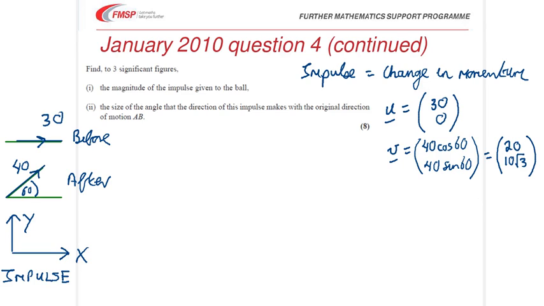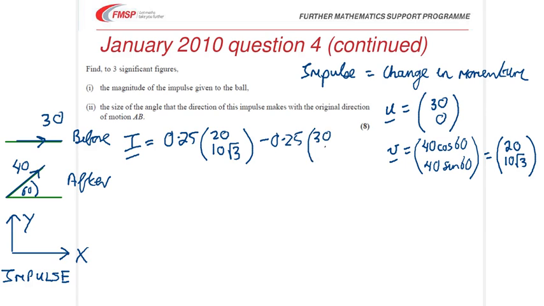So, using the impulse as change in momentum, in vector form, we get I equals 0.25 times (20, 10 root 3) minus 0.25 times (30, 0).